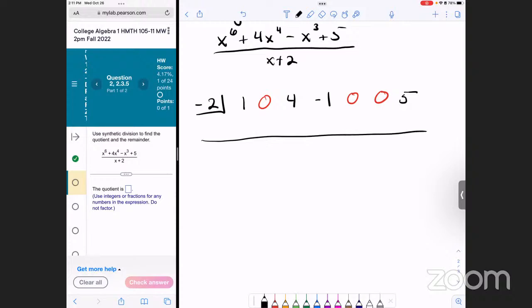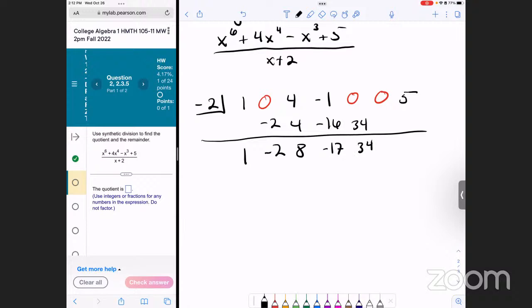Then the first term just comes down. On a diagonal, we multiply, we add, we multiply, we add. -16, -17, +34, 34.